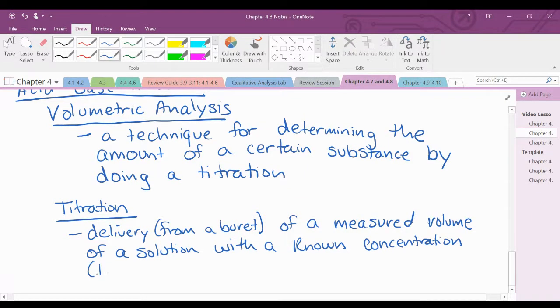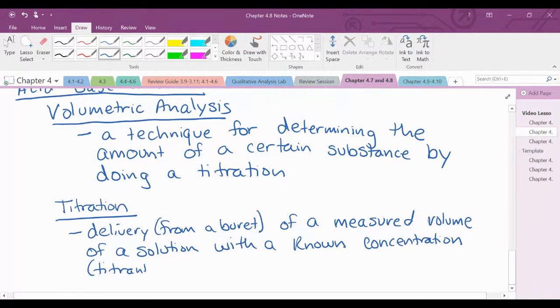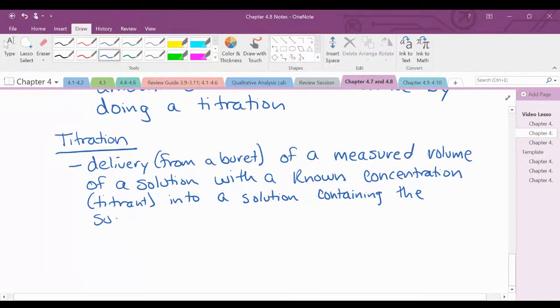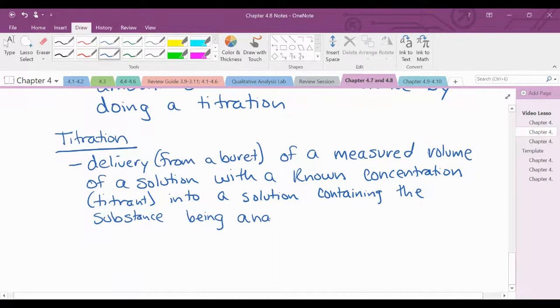This is called a titrant. Into a solution containing the substance being analyzed. And that's called the analyte.